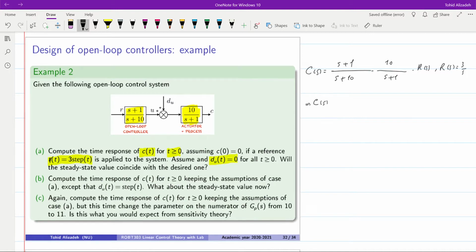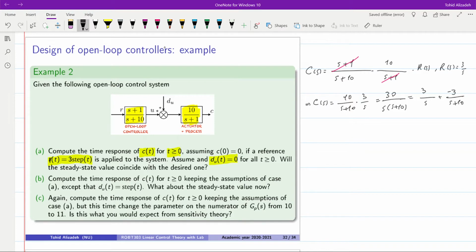Therefore, if I simplify this, C of s will be equal to 10 over s plus 10 times 3 over s, or 30 over s times s plus 10, and you can rewrite it in the form of 3 over s minus 3 over s plus 10.